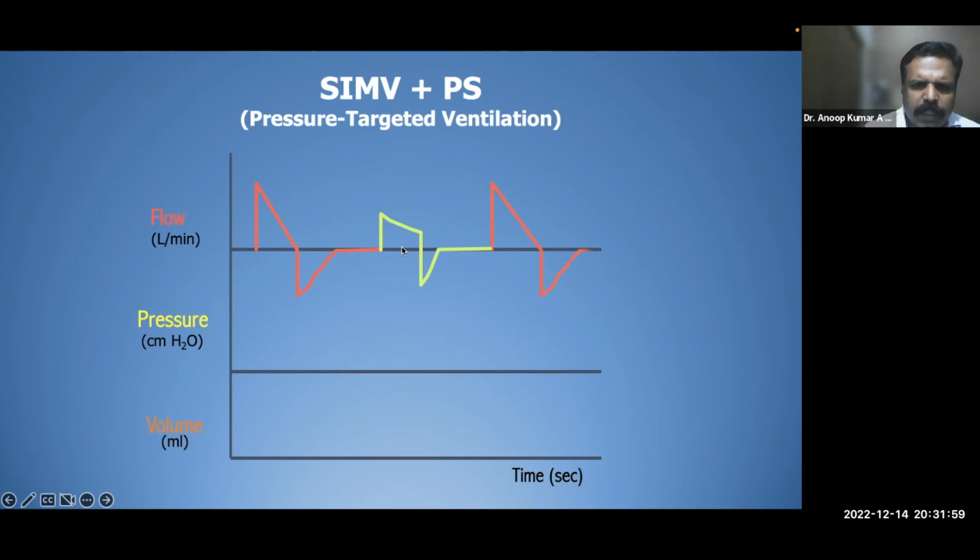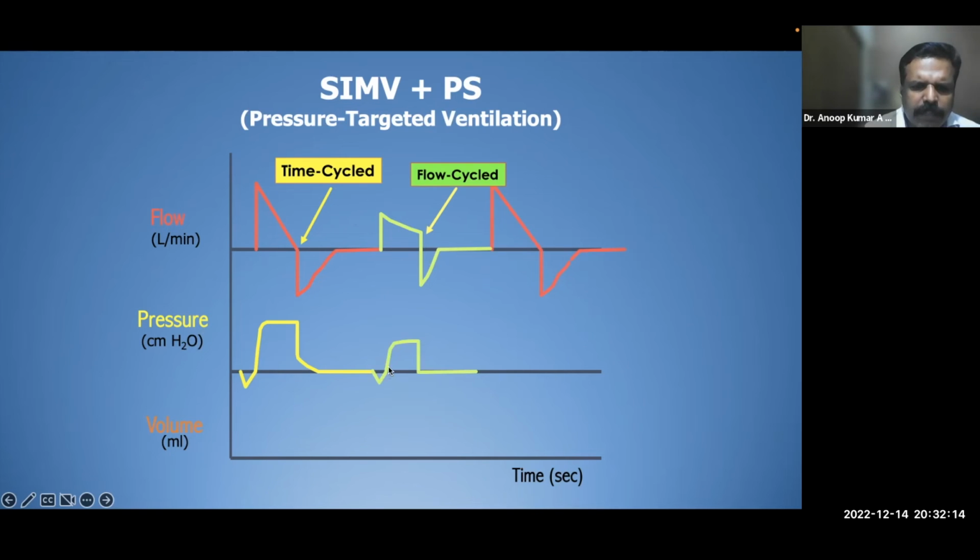Here the flow is slightly more than the previous one. Look at the pressure generated at this point. This is the time cycle, and here the flow cycle. Even though the patient is generating lesser pressure, you can give pressure support and increase the tidal volume.